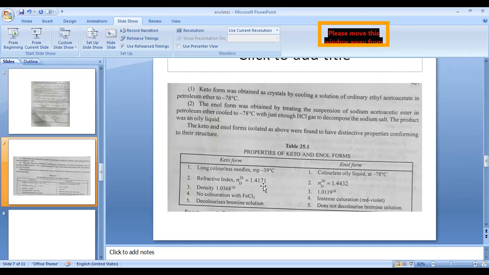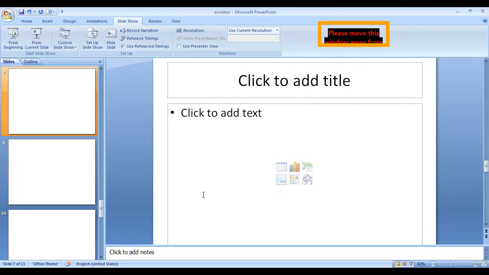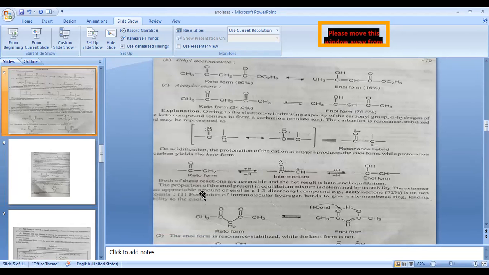Refractive index 1.44, and this is the density. Keto form: no coloration with FeCl3; enol form: red violet coloration with FeCl3. Keto form does not decolorize bromine solution; enol form decolorizes bromine solution. Okay. This is the end of this chapter.